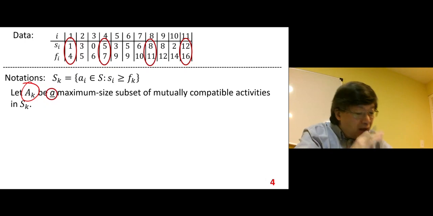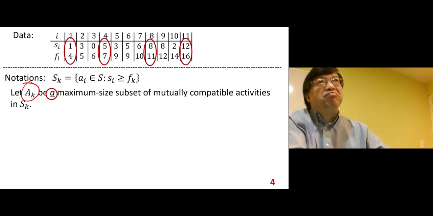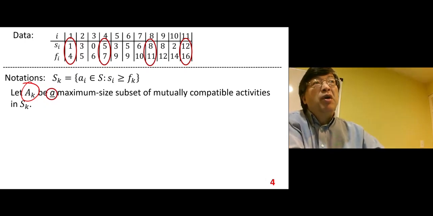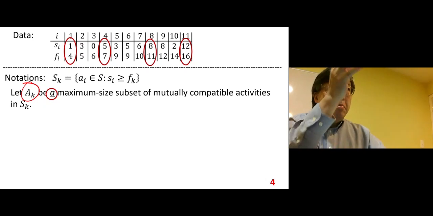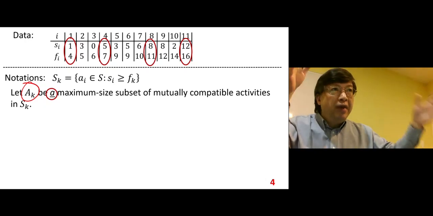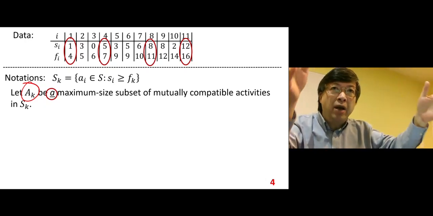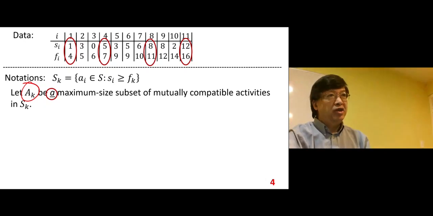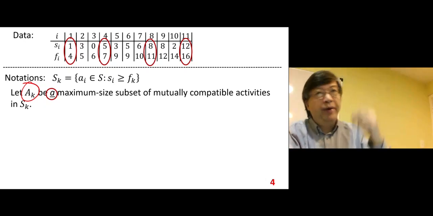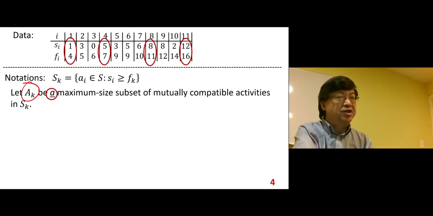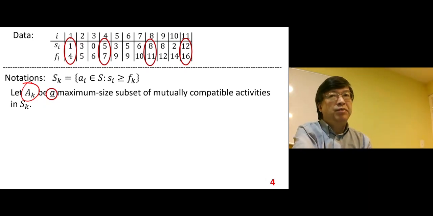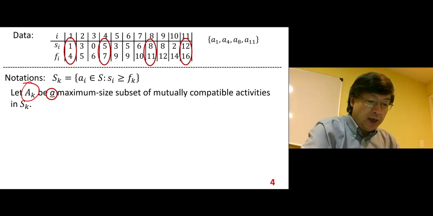Another thing is a maximum size, because we may have multiple maximum size subsets. They have the equal number of activities, mutually compatible activities. So that's why we assume it is one of the maximum size subsets.